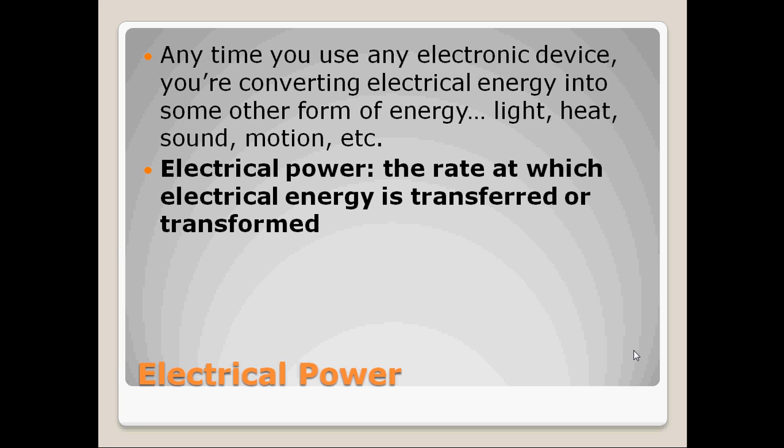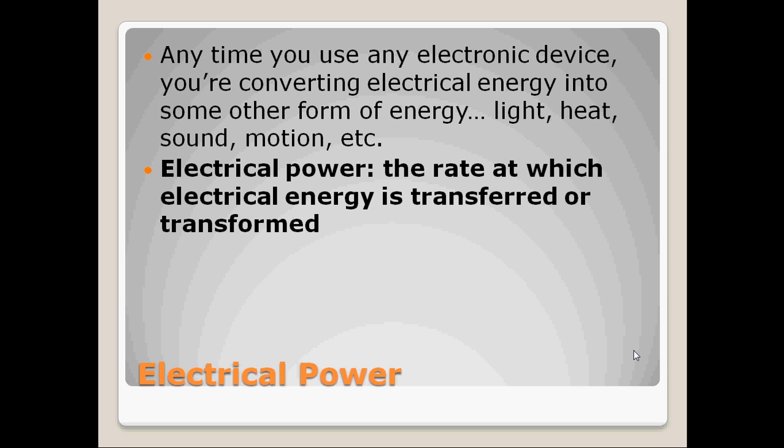All right, last topic to talk about, electrical power. Okay, so anytime we're using some sort of electrical device, we're converting that electrical energy stored up in the grid into something else. It might be light, if we're talking about a light bulb, could be heat, sound, something that moves, whatever.